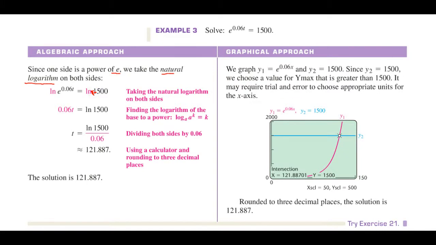Let's see if I can make a better one here. Now notice you have your base, in a sense, identical. So you can, in a sense, say that this is equal to this.